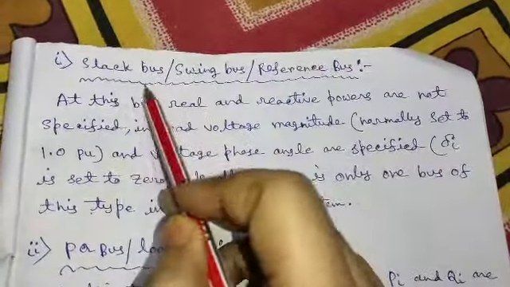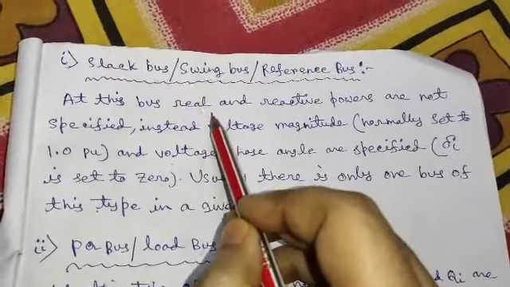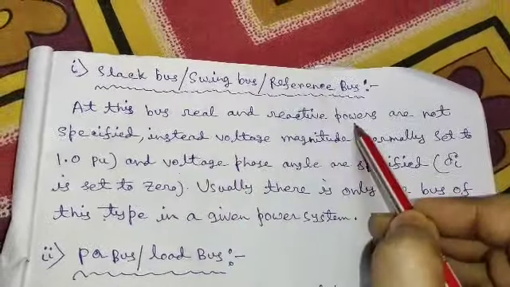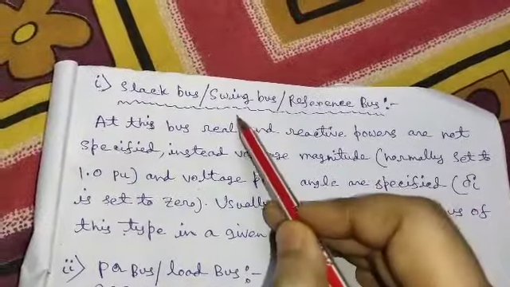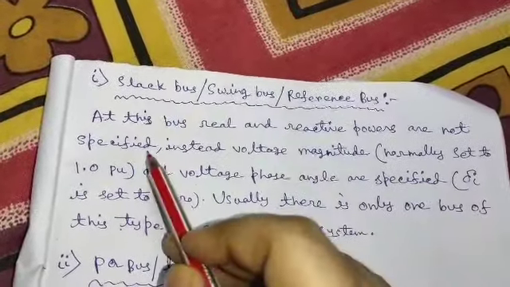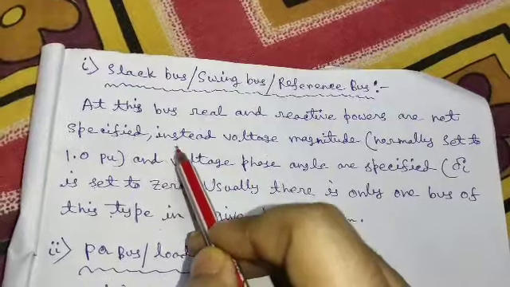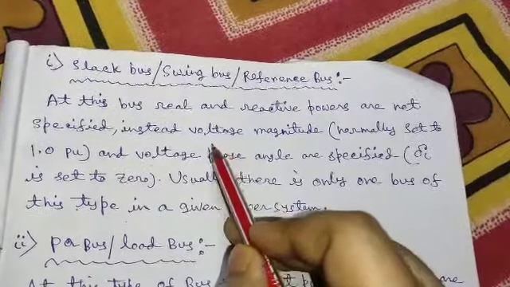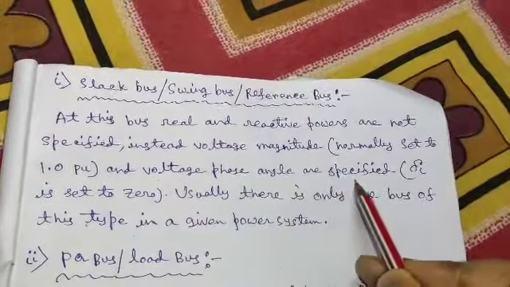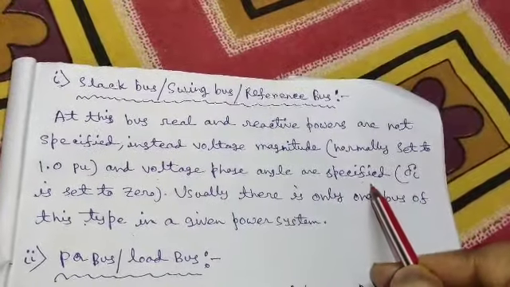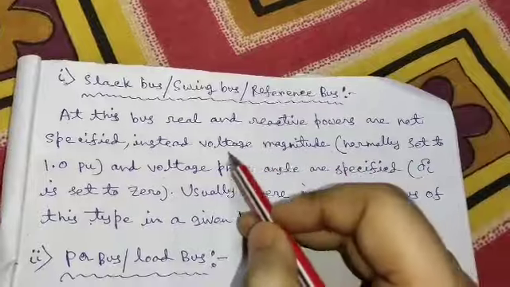In the slack bus, the real and reactive powers, P and Q, are unknown and not specified. The voltage magnitude and the voltage phase angle are specified, that is, known.